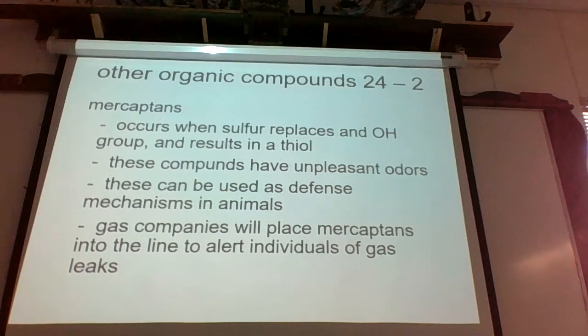Well, it's natural gas. Why don't you know that it's leaking? It's natural. It doesn't have a smell. So when these companies put this in, it's very evident and unmistakable to know we've got a gas leak.